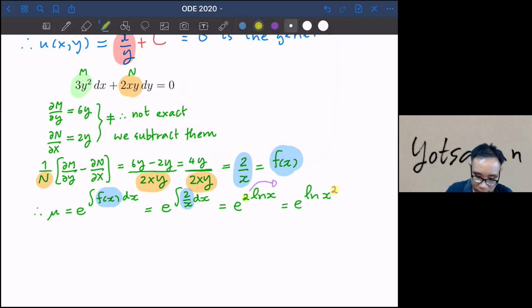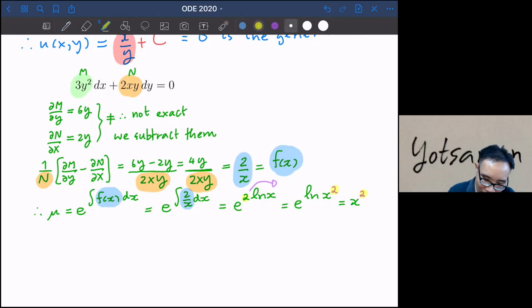And then you see that e to the log will disappear, so you would get x squared. So you have mu equal to x squared. From the long calculation, you just have mu.